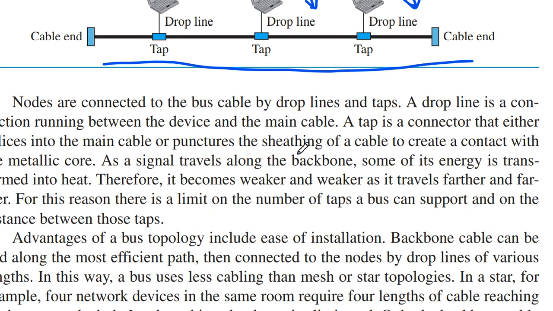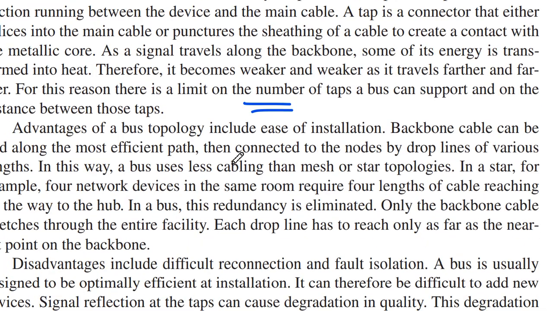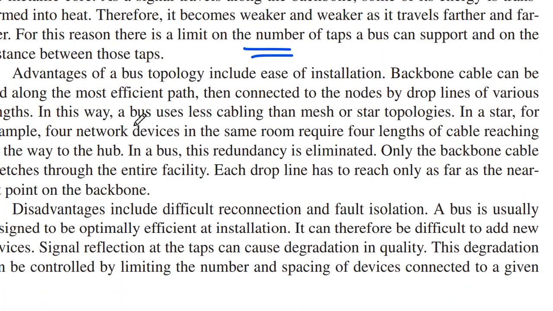That is also a disadvantage. This limits the number of taps, and we also have to limit the distance. So this is a disadvantage of the bus topology, and now we will discuss some advantages and disadvantages of bus topology.